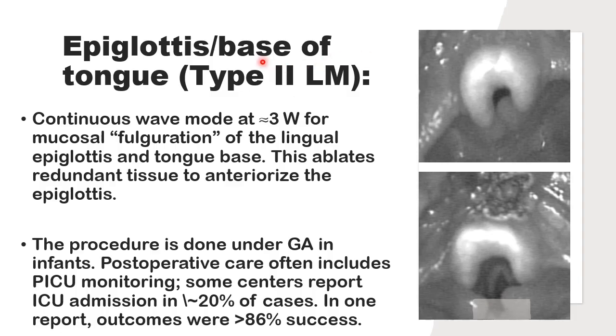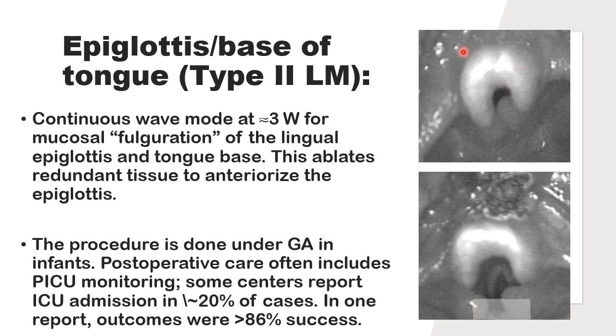This procedure can be carried out in type 2 or type 3 laryngomalacia, where you can see the omega-shaped epiglottis, which is also retroflexed, and you would want to ablate the epithelium in this area and the lingual surface of the epiglottis and the tongue base, and ablating the redundant tissues would help in curling the epiglottis anteriorly.